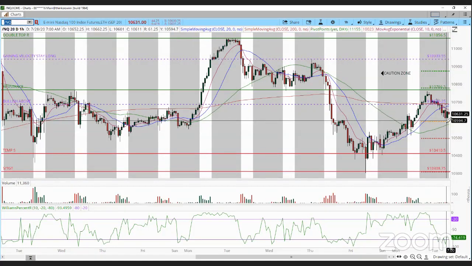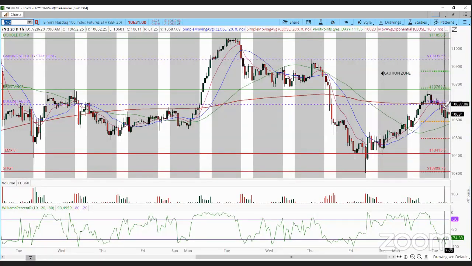We have, I would say, not as many support zones, but we do have enough support here for the price to start rotating to the upside. And like I said, I would like to see the price trade over the 700 area, so definitely between 690 and 700. 700 for me would be the confirmation in order to advance higher.